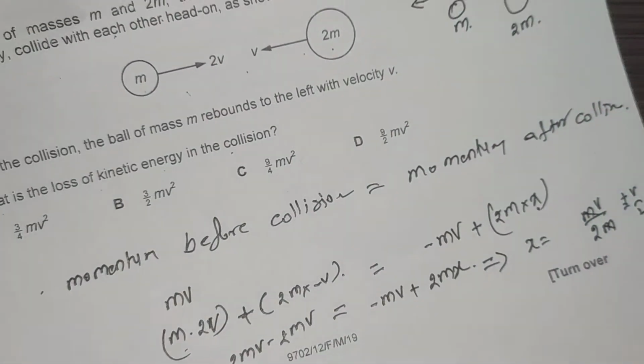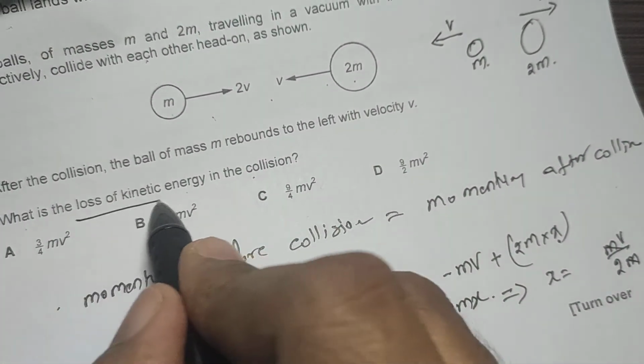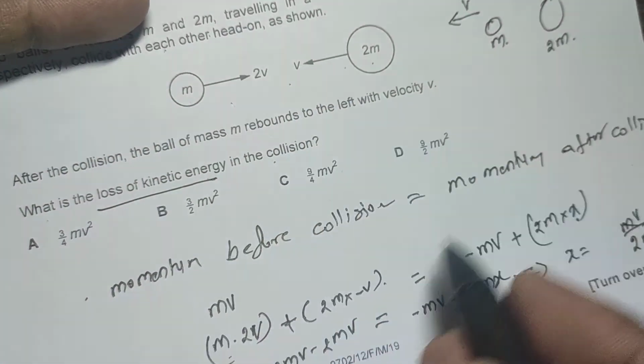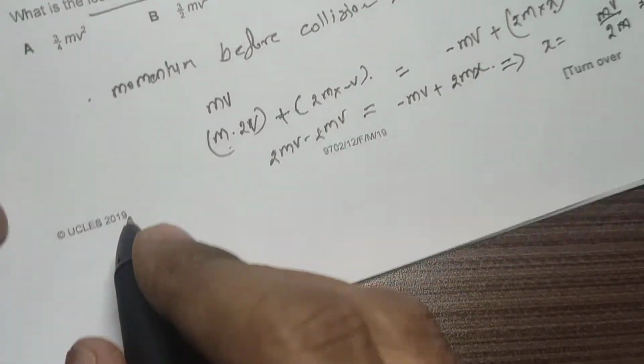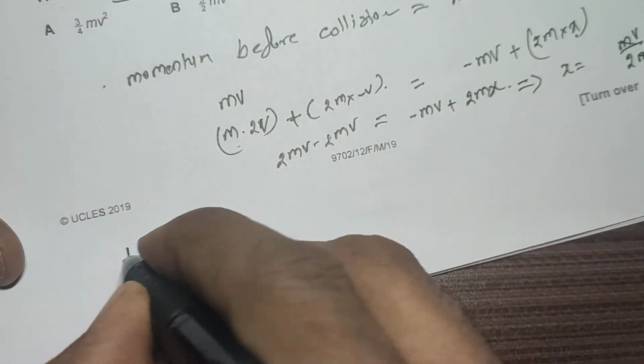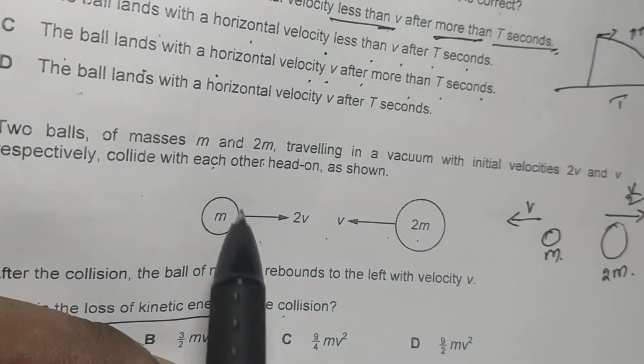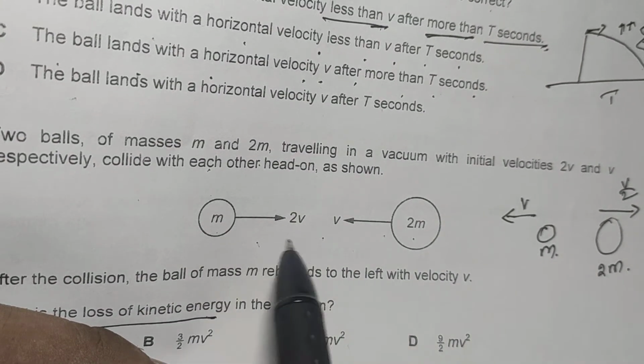Now the question is, calculate the loss of kinetic energy. So what is the kinetic energy before collision? The kinetic energy before collision is half the kinetic energy of the first object. First object is m times 2v.